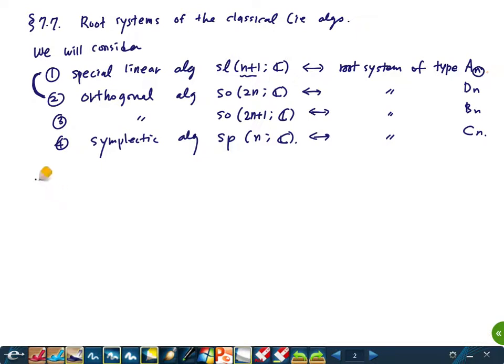And for a semi-simple Lie algebra, we will study these two in the following way.